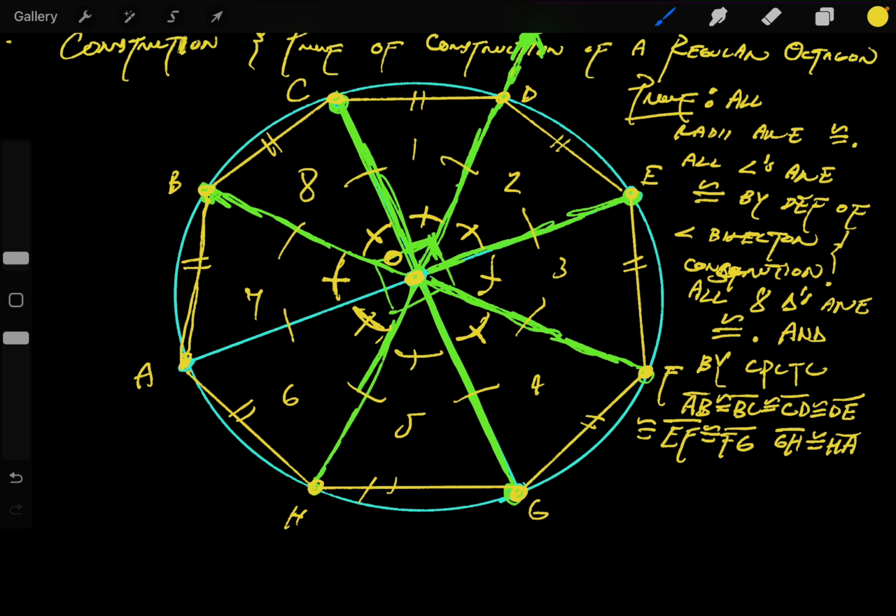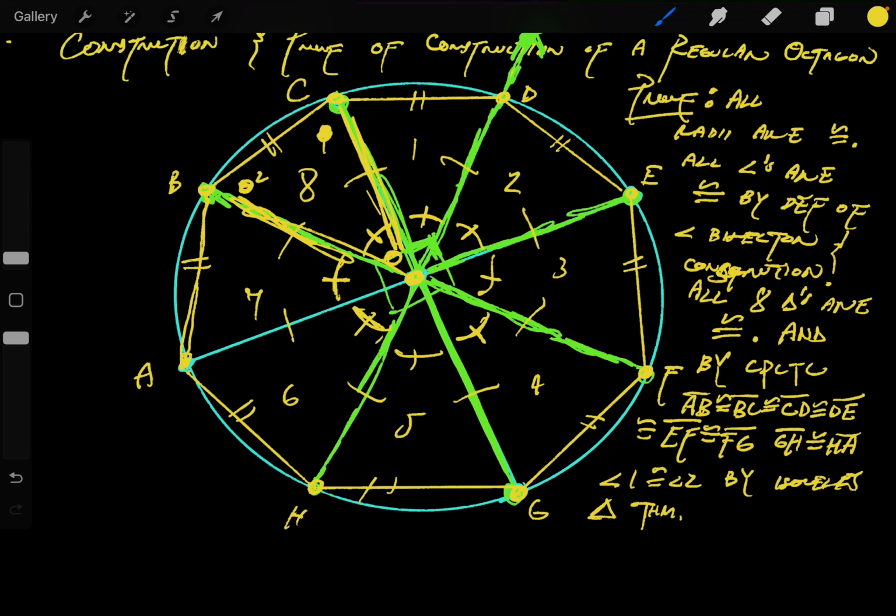Well, in these triangles, this angle is the same as this angle, so let's call them angle 1 and angle 2, just to make it easy. Angle 1 is congruent to angle 2 by the isosceles triangle theorem. This side is the same as this side, so this angle must be the same as this angle.